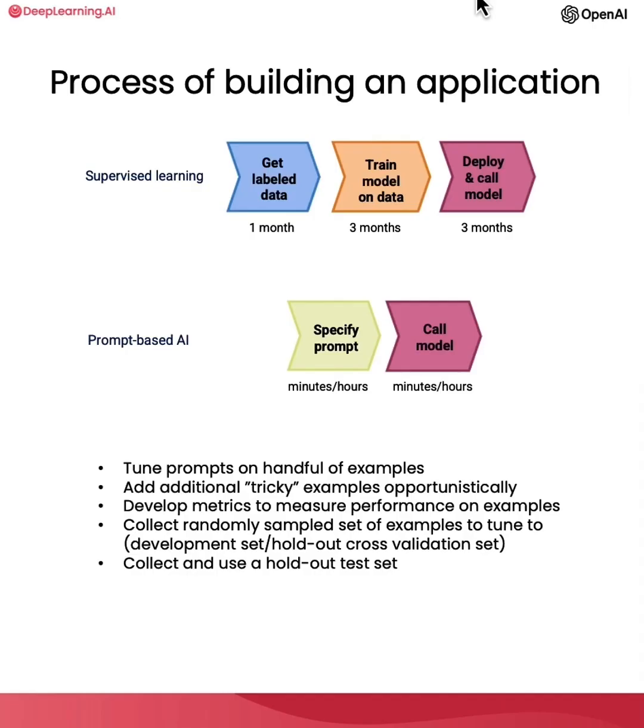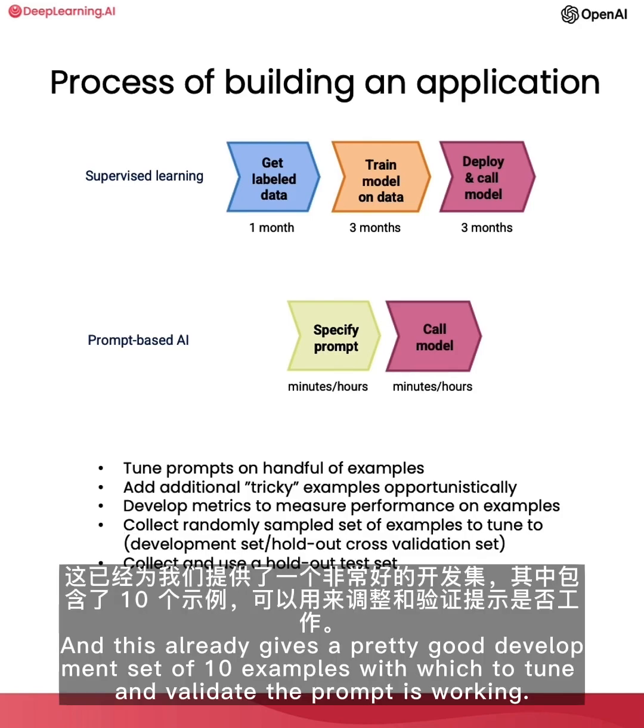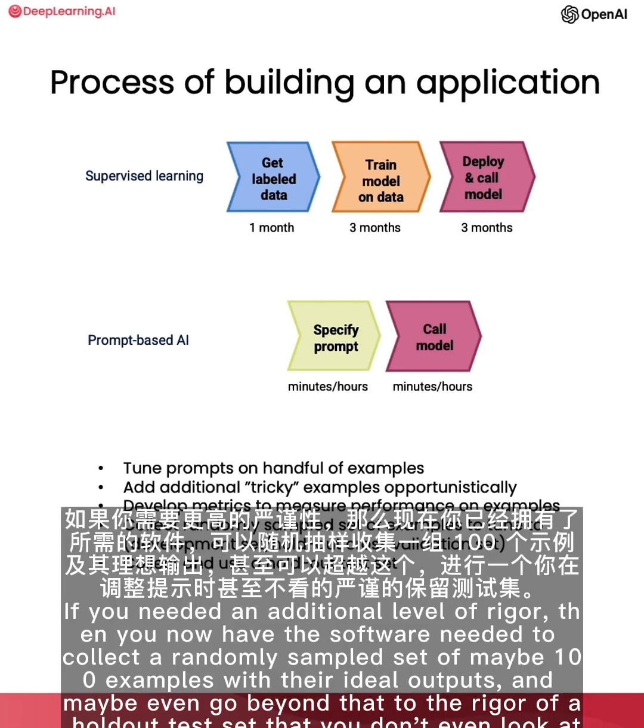What you just saw in this notebook is going through steps 1, 2, and 3 of this bulleted list. And this already gives a pretty good development set of 10 examples with which to tune and validate the prompt is working. If you needed an additional level of rigor, then you now have the software needed to collect a randomly sampled set of maybe 100 examples with their ideal outputs, and maybe even go beyond that to the rigor of a holdout test set that you don't even look at while you're tuning the prompt.